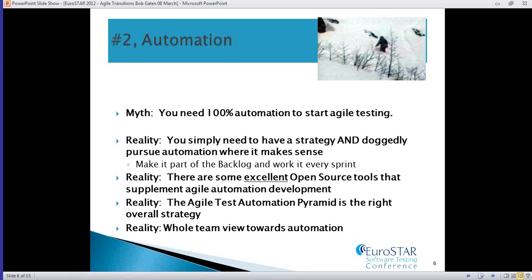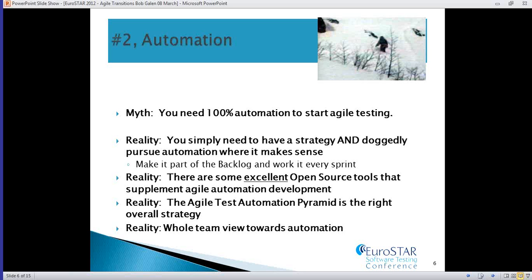It says don't get stuck. Don't do all automation from the user interface. Don't do all automation from the unit test level, the lower level of the app, but have a multi-tiered approach, and then be dogged or ruthless in your pursuit of automation, and take a whole team view.